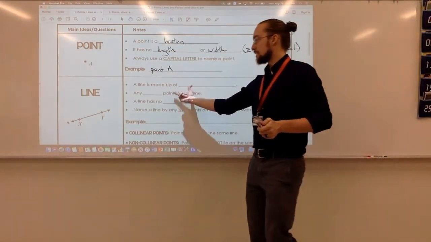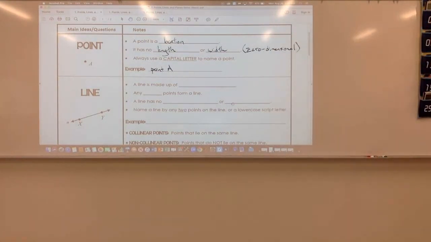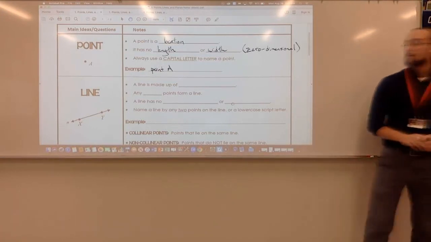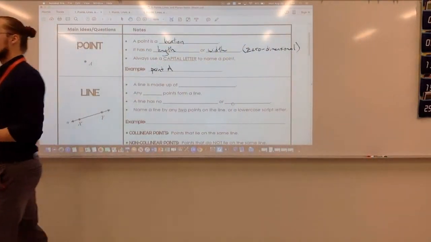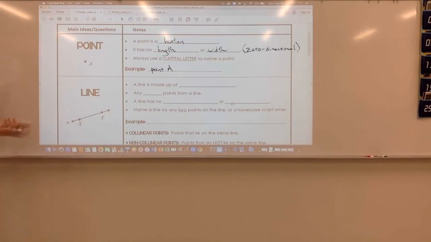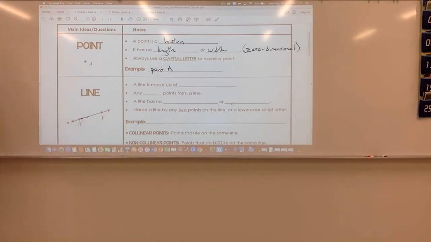Now, a line is made up of, how would we define that? Anybody know? 2 points. At least 2 points, right? A line is made up of at least 2 points, because we can draw a line between any 2 points. Technically, though, we say that a line is made up of an infinite number of points.